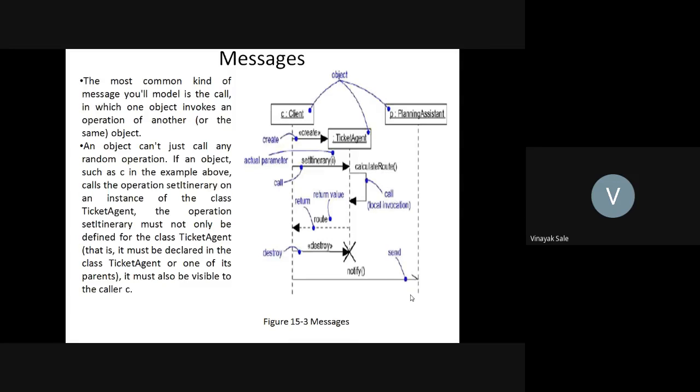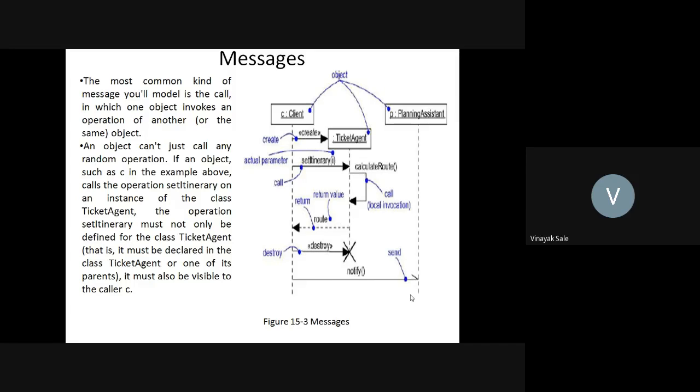If an object such as C, in the given example, calls the operation set itinerary on the instance of the ticket agent, the operation set itinerary must not only be defined in the class ticket agent.